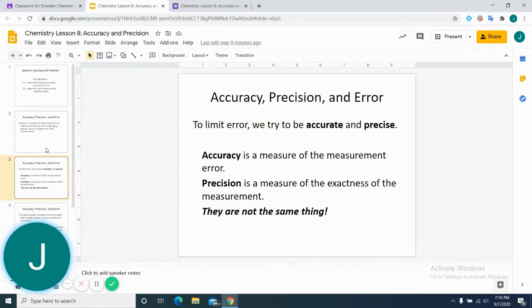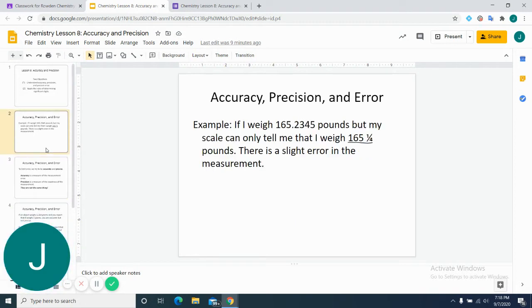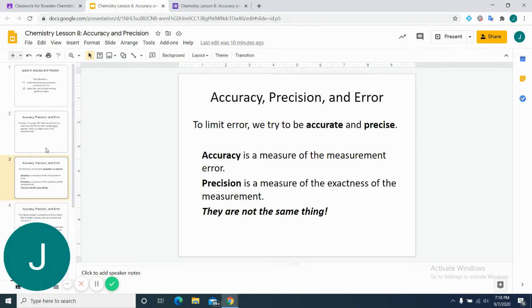Accuracy is just a measure of error. So accuracy is being wrong or right. So this scale is accurate. Okay, is the scale wrong? Is the scale broken? No. It's accurate. It's saying what it should if it can only go by quarters. But the issue is precision, which is the exactness of your measurement, and these are not the same thing.